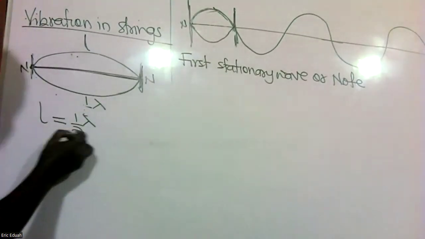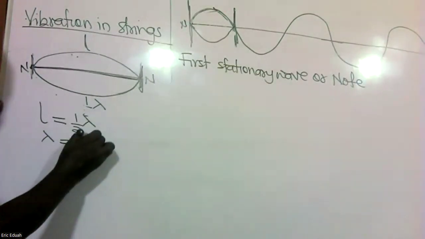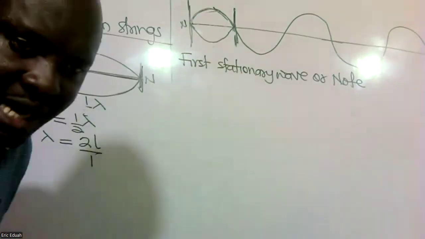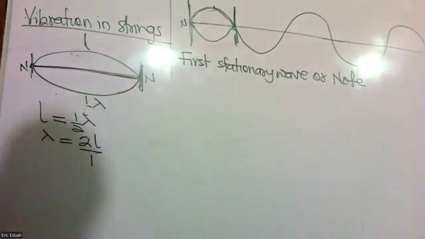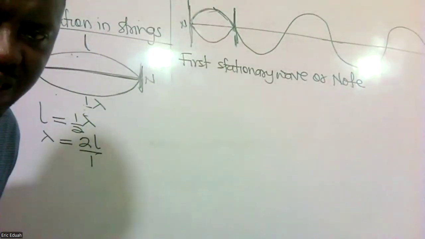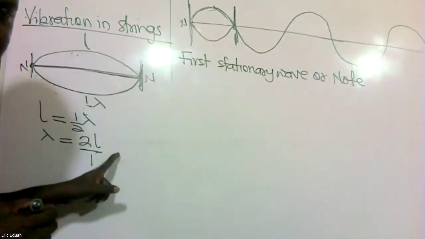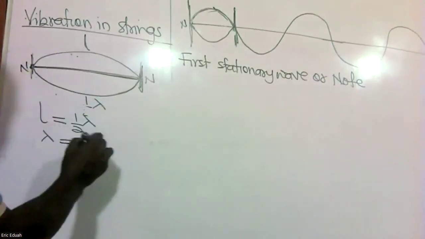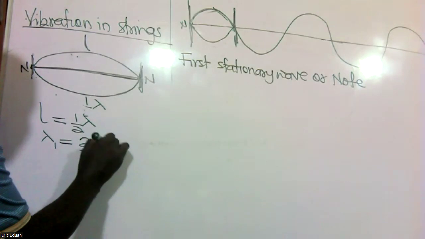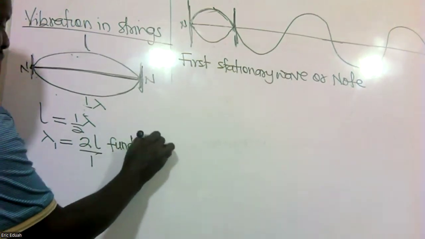Therefore, when we make lambda the subject, we have lambda equals 2L over 1. I earlier said that stationary waves are formed with a particular wavelength and frequency. So this is that particular wavelength which forms this node. We call this lambda 1, which is the fundamental wavelength.